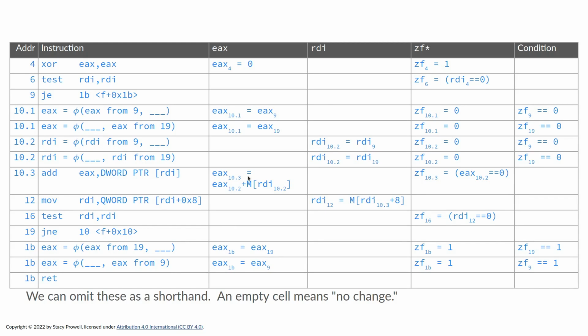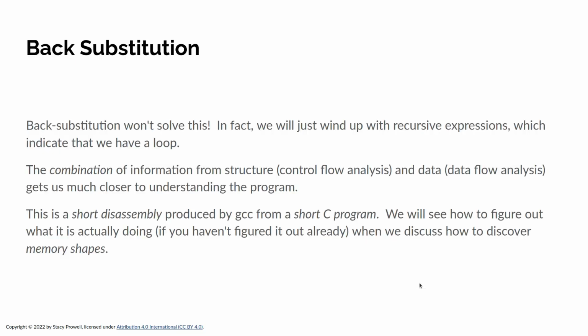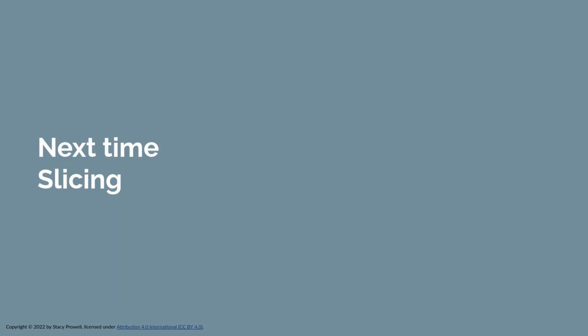Right? It's just a way for me to organize some of my analysis for it. To really understand what's going on, I need more information still. I need stuff like memory shapes, which I don't have yet, and which we'll see later. I need shape analysis and pointer analysis. I don't have those tools yet, but I'll get there.